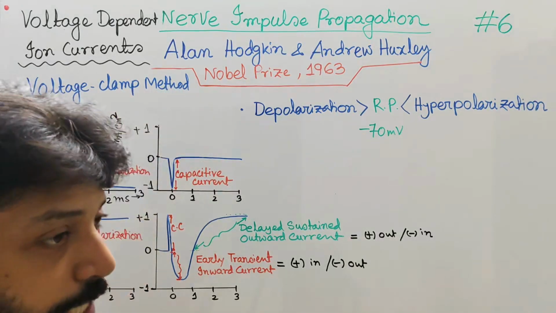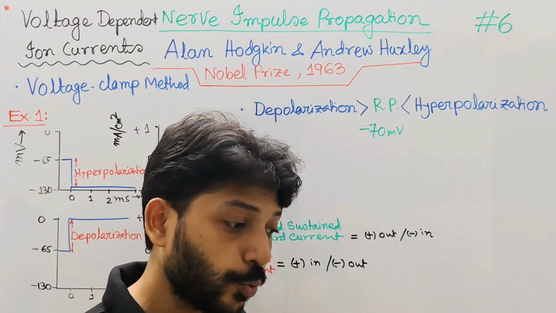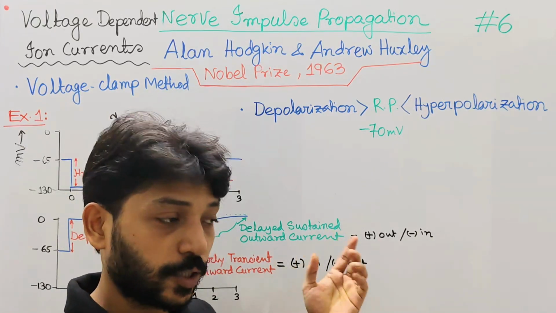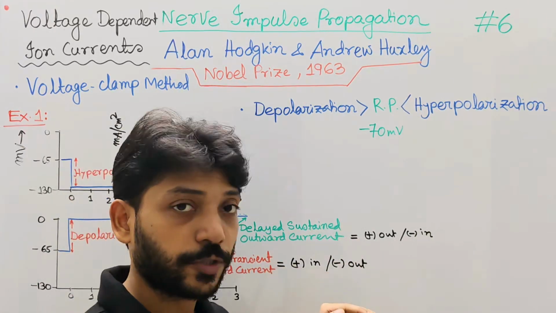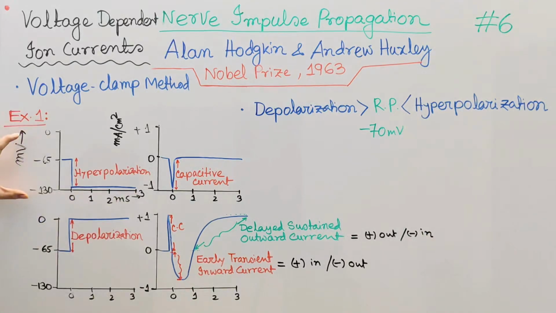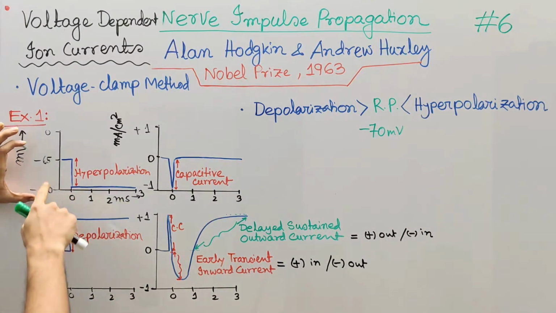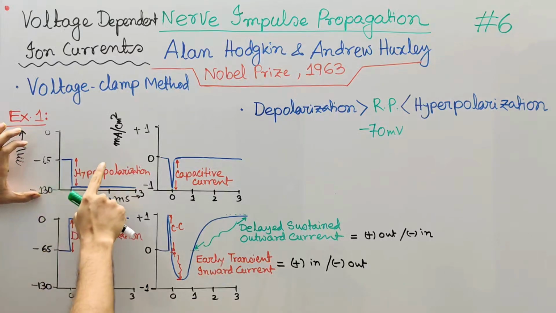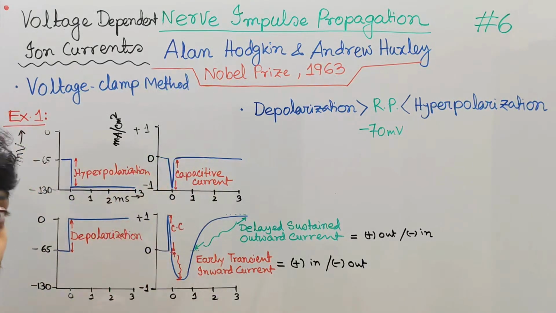Now Alan Hodgkin and Andrew Huxley took the help of the squid giant axon because the diameter is larger, so that they can actually insert microelectrodes to generate this membrane potential. So they applied this membrane potential, and in response to this membrane potential, the neuron shows a current.